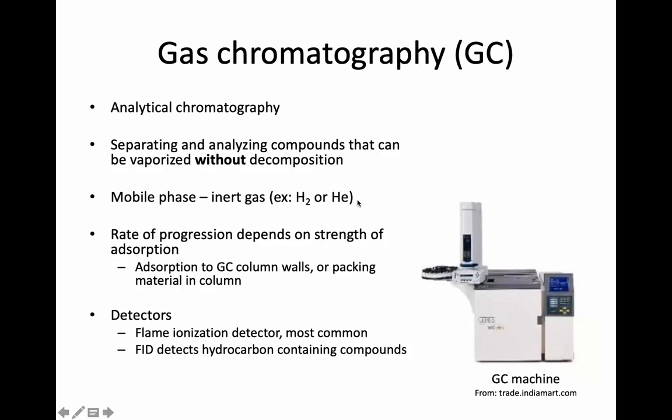As the mixture of gas travels through the inner column or the inner chamber, the different components of the gas are going to be absorbed to the column walls or to the packing material inside your GC chamber at different rates. And then there are detectors that determine the amount of this molecule along your chamber.